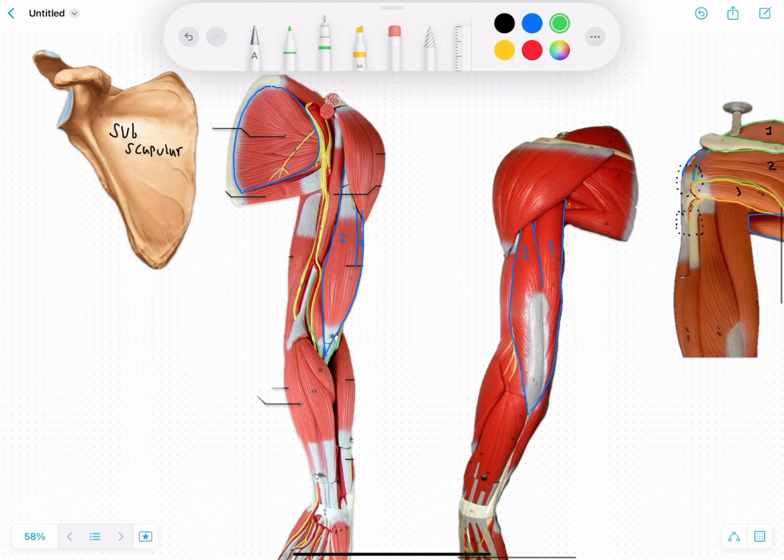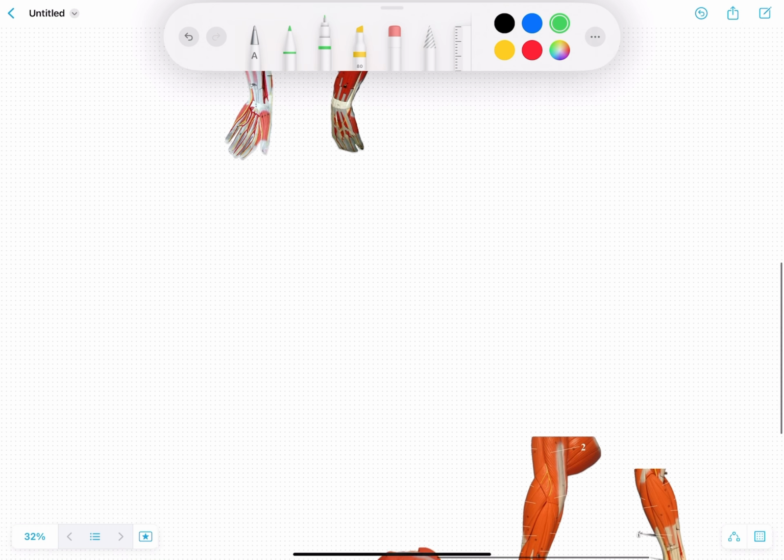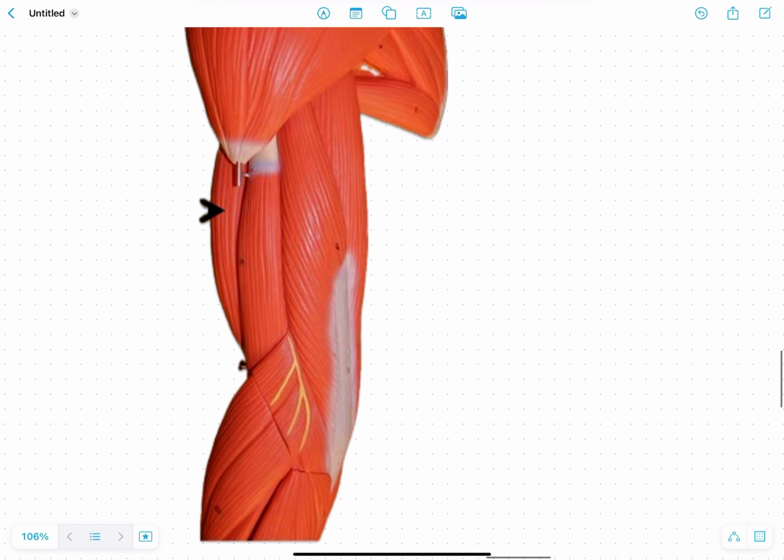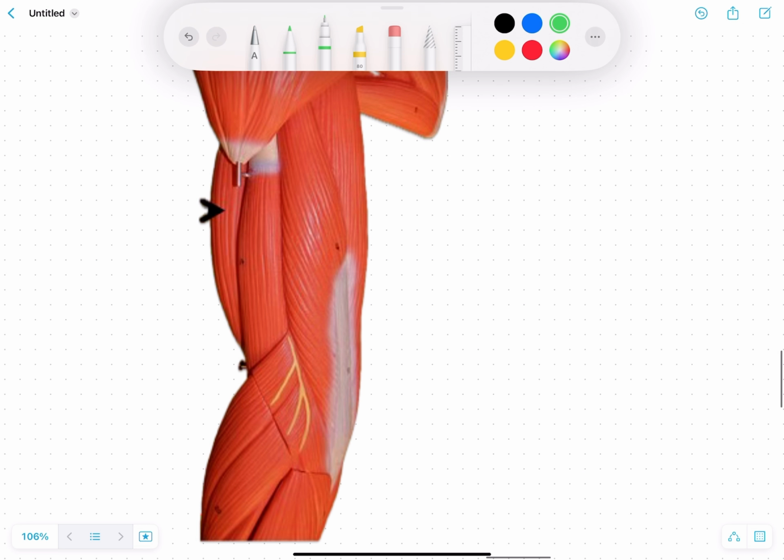And if we come down, I think I have the image down here, yes. So if we come right here and look at this, we'll point out we've got the triceps brachii right here. Here's our triceps. There's our heads right there. And then in yellow here, we've got our biceps brachii sitting here on top.